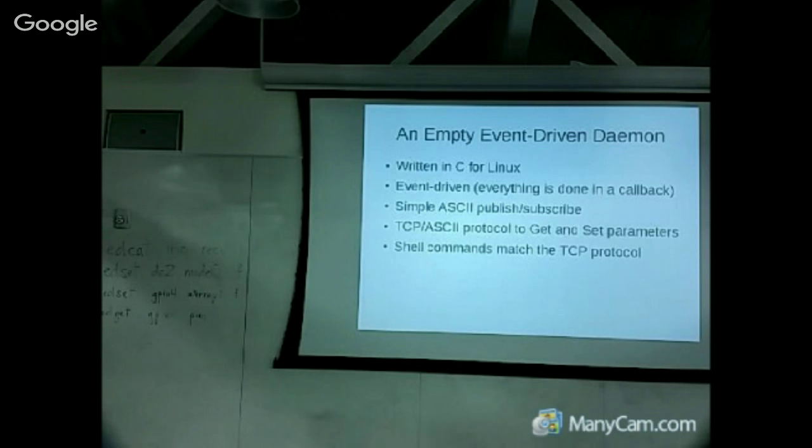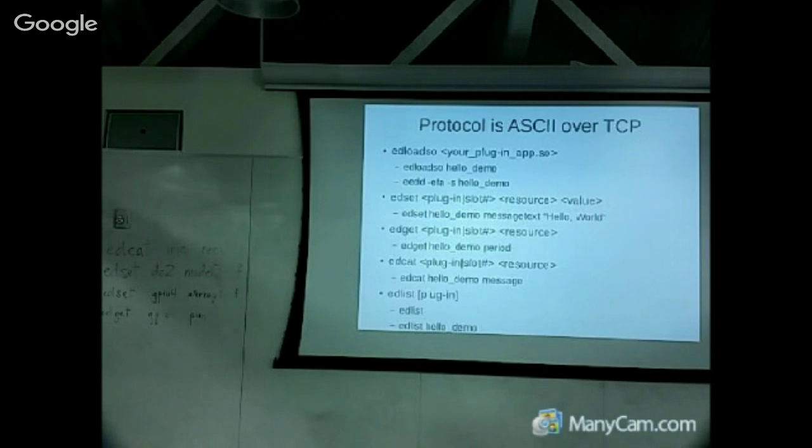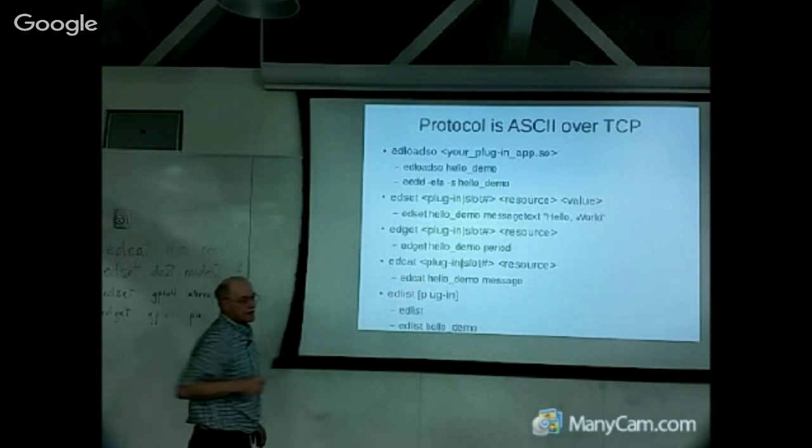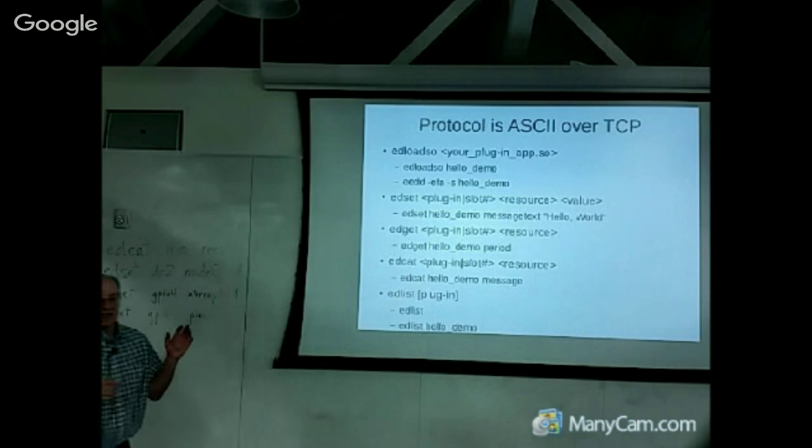So the protocol is, as we said, ASCII over TCP. In the demonstration that I just gave, the modules are loaded automatically. The FPGA actually reports the peripherals that it has built in, and then the program loads the modules automatically.